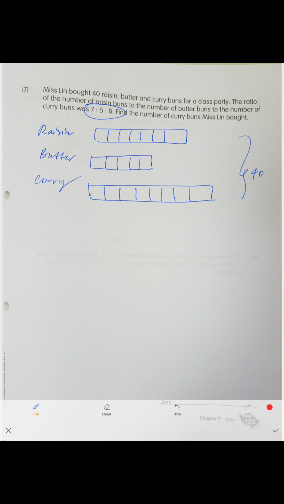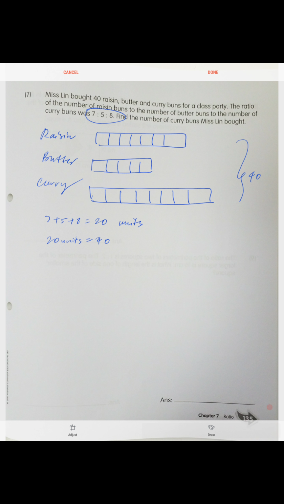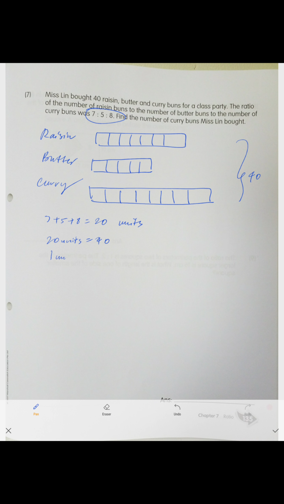So how many total units? 7 plus 5 plus 8 is 20 units. 20 units is 40, and 1 unit is 40 divided by 20, which is 2.